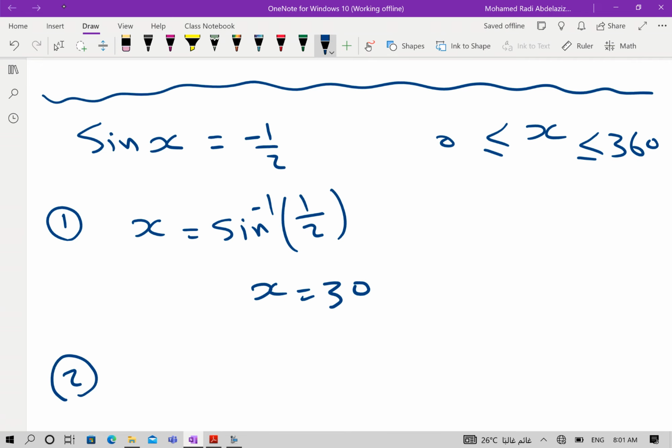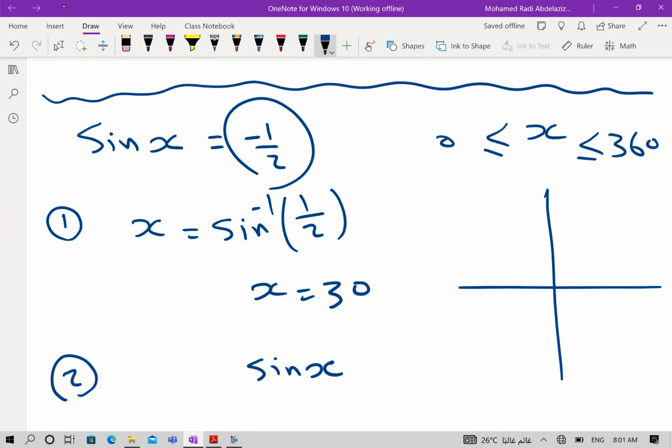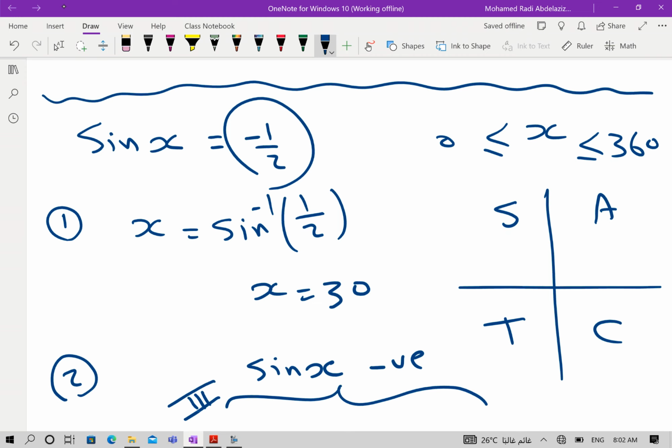Number 2, sin x in the question is negative. In which quadrants is sin x negative? A, S, T, C. Sin x is given negative, so third and fourth.